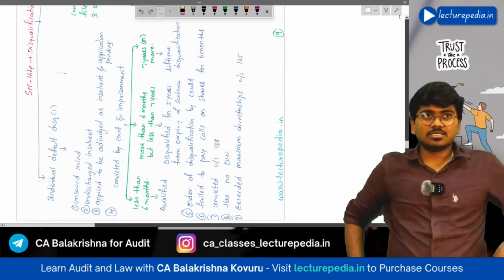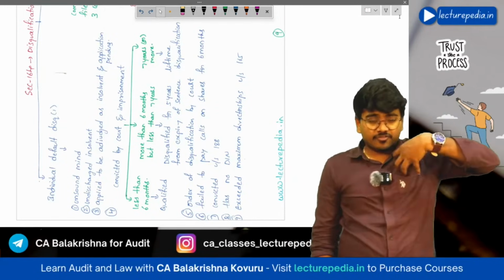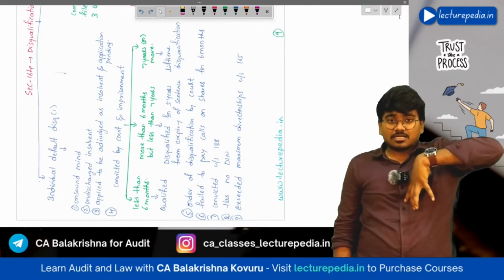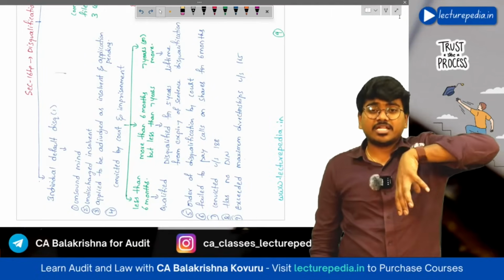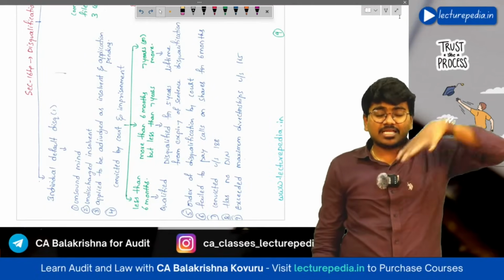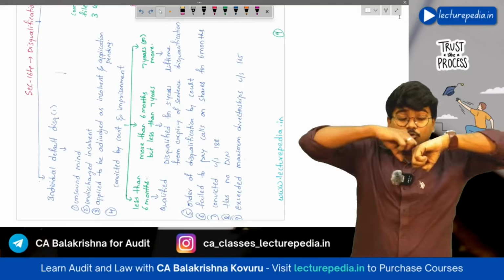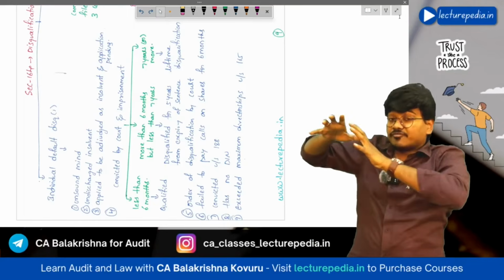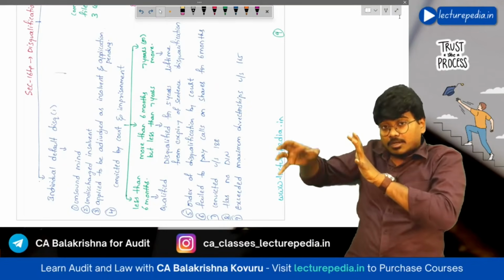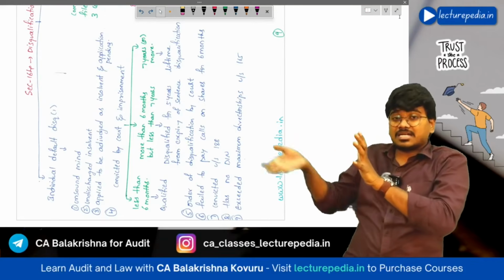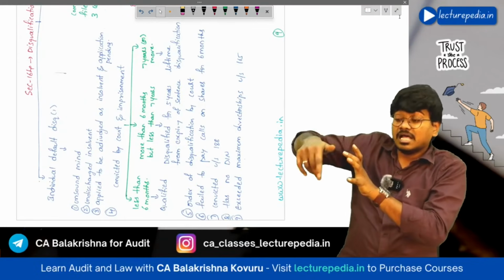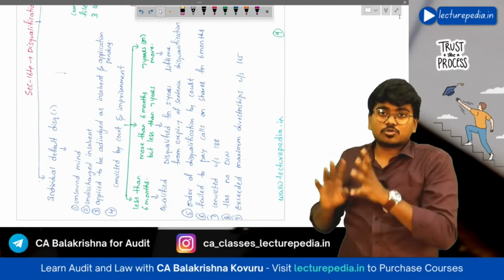See, the difference is in subsection 1, if the person hits by any disqualifications, then he cannot be appointed as director. Whereas subsection 2 is, if the company in which the person is acting as a director gets hit by any disqualification, then that person will be disqualified.